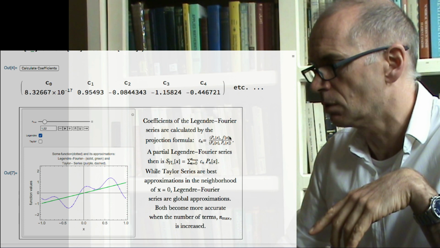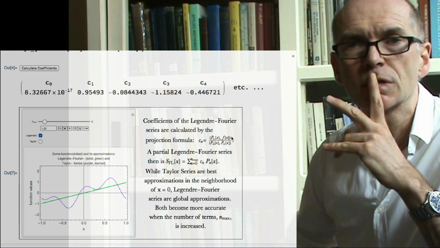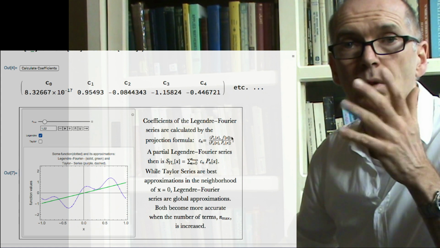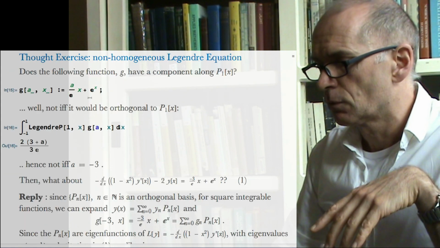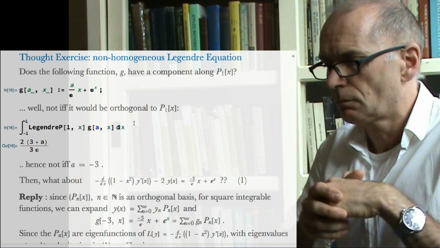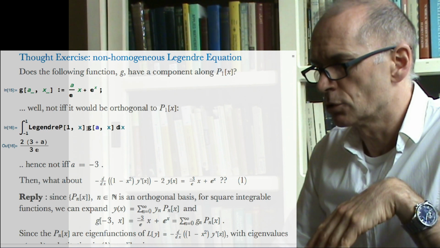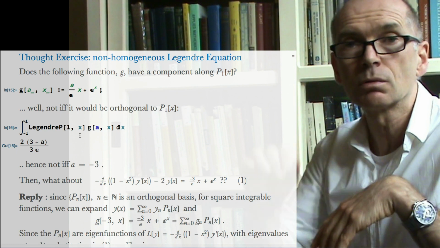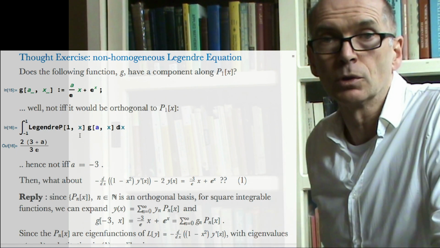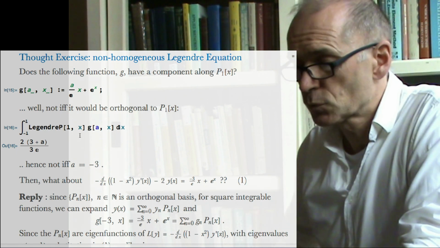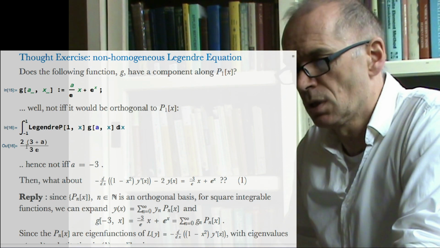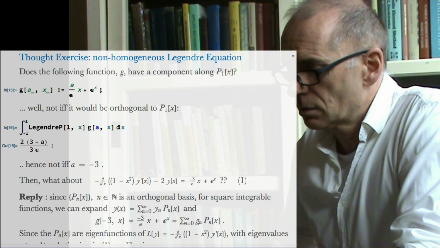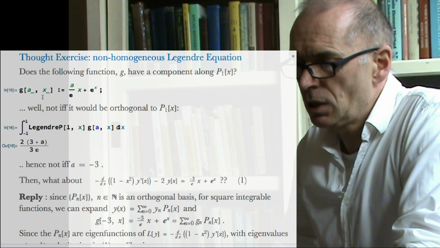Now the answer is, if the inner product of that function with p1 is 0, then it doesn't. So I calculate the integral of this function with the first Legendre polynomial, and there it is. You could do that. The first Legendre polynomial is just x, by the way. So you could easily calculate this integral, and I've done that. This is the result. It still has the parameter a, of course.